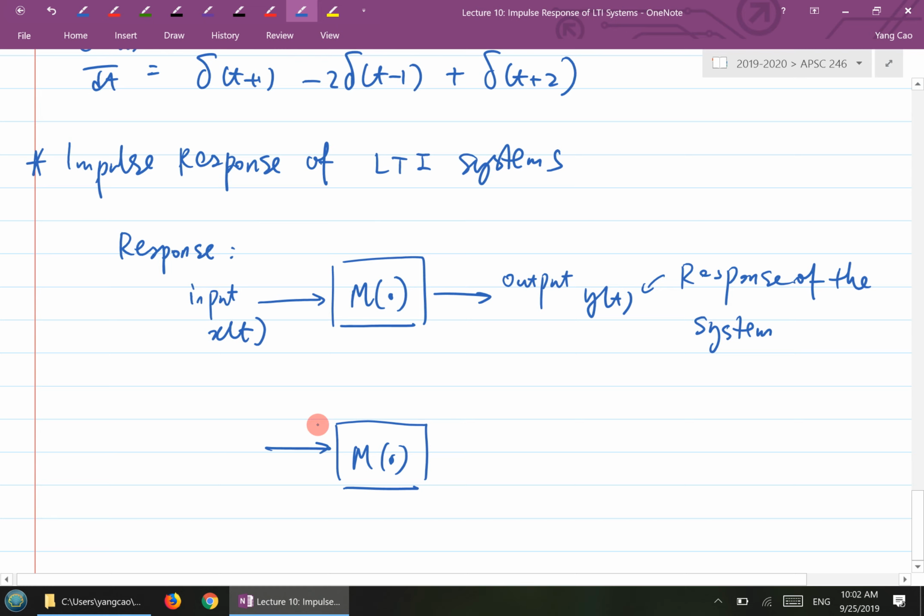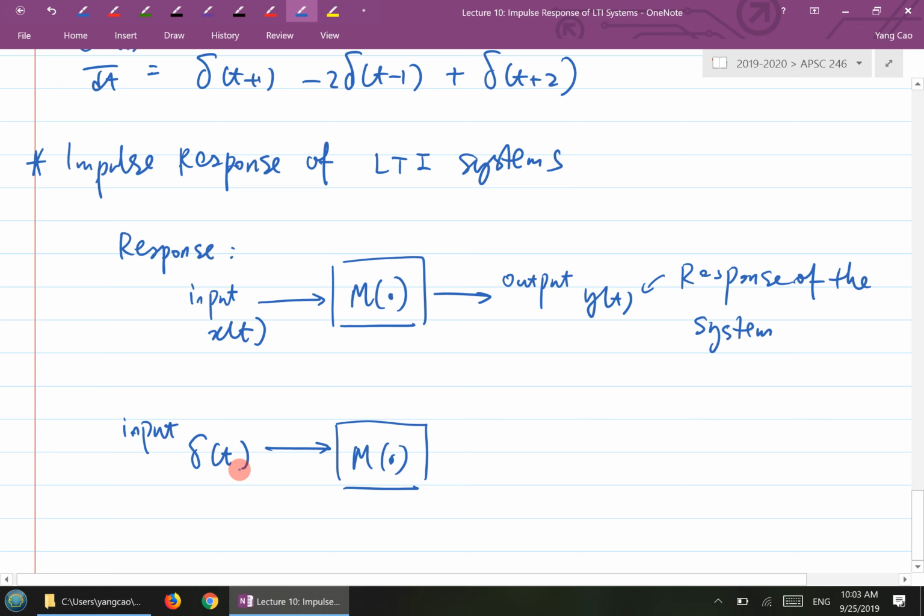Instead of a general input x of t, this time we will give the input as delta t. So we feed the impulse signal into the system. Now this is a very special case.